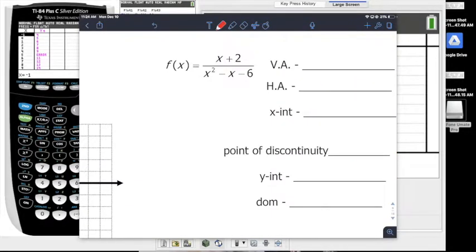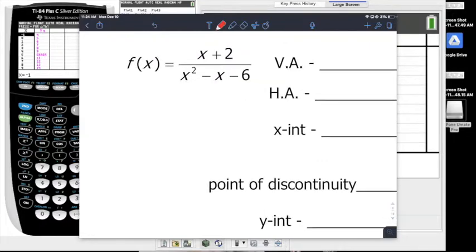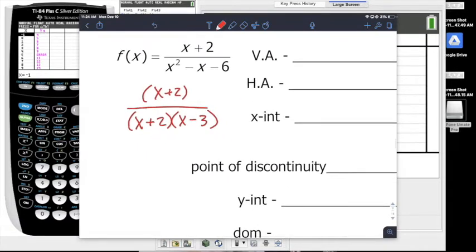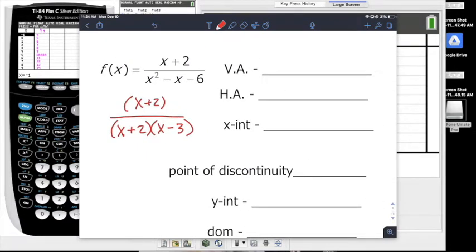With this one here, this one's kind of a special case. First of all, we've got to factor anytime it's not factored. So we're going to write this as x plus 2 and then x minus 3 there. Now, as far as your vertical asymptote, you've got to be careful because you're going to have a point of discontinuity right there when you set x plus 2 equal to 0.